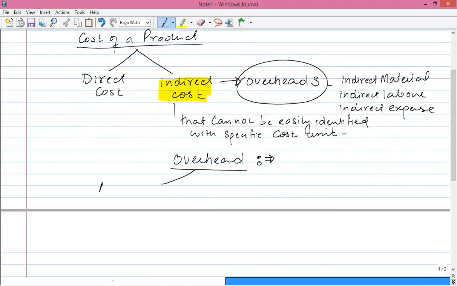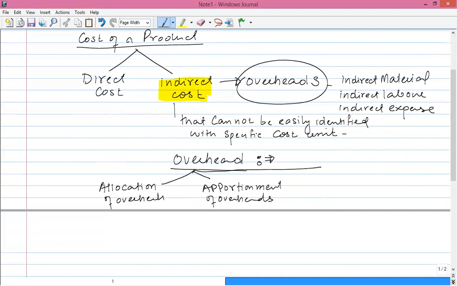The first stage is the allocation of overheads. The next step is the apportionment of overheads. And then the reapportionment process, and lastly the process of absorption.